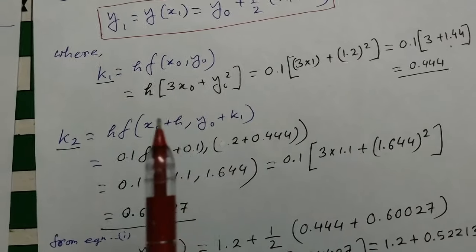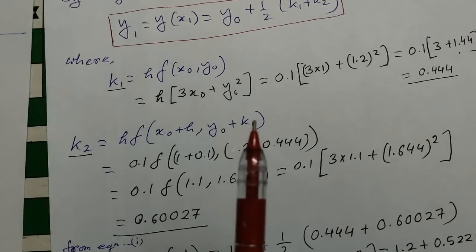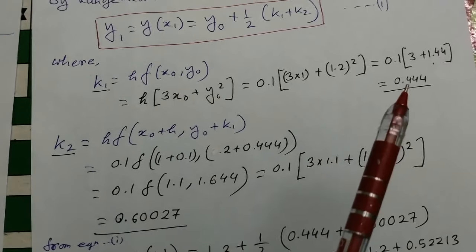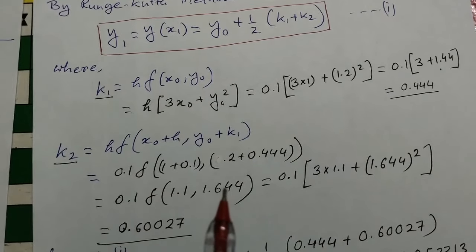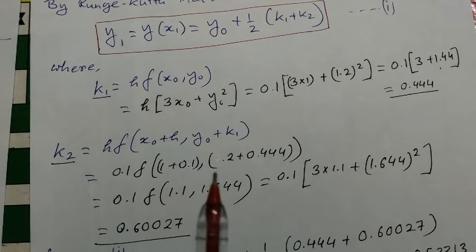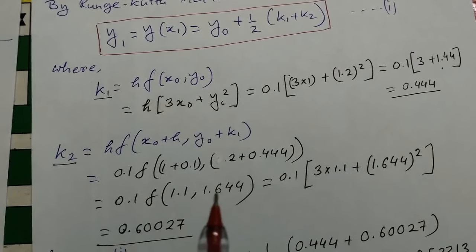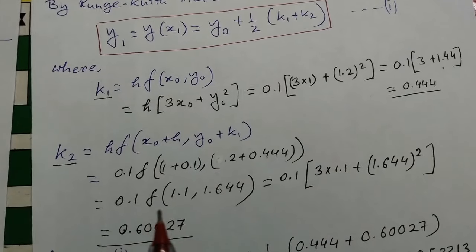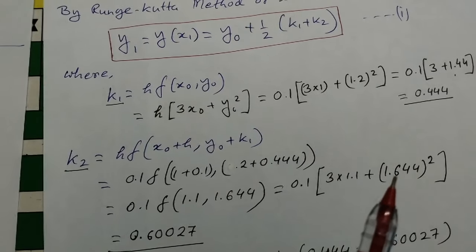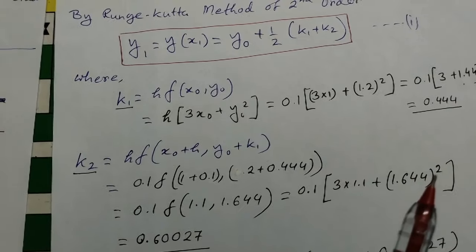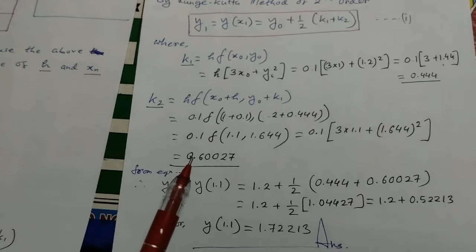Now putting all these values, because x0, h and y0 are already given in the question, and k1 we have already calculated. Putting these in the function, this is our x and this is our y, so it becomes 3 into 1.1 plus 1.644 whole squared, like 3x plus y squared.